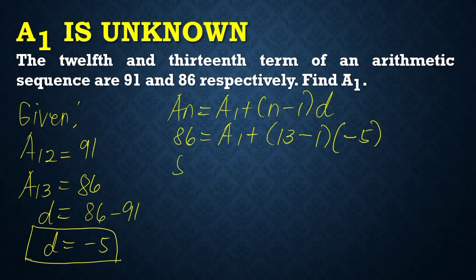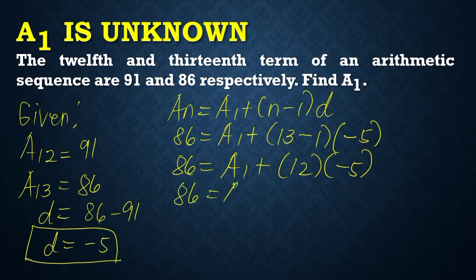So, 86 is equal to a sub 1 plus 13 minus 1, that is 12, times negative 5. 86 is equal to a sub 1, and then the product of 12 and negative 5, that is negative 60. Same process pa rin.